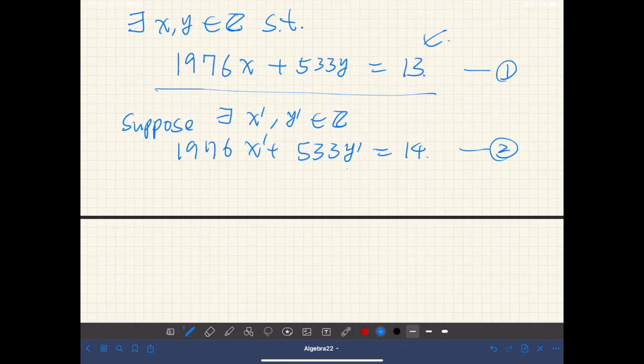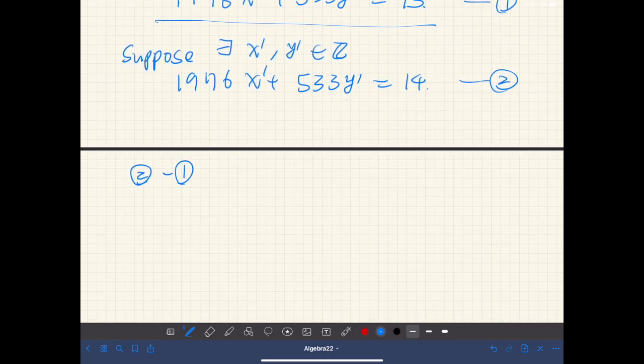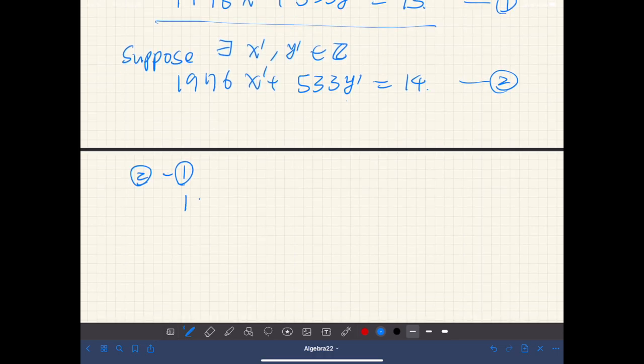But let's subtract equation 1 from equation 2. Then we have 1976 times (x prime minus x) plus 533 times (y prime minus y) equals 1.